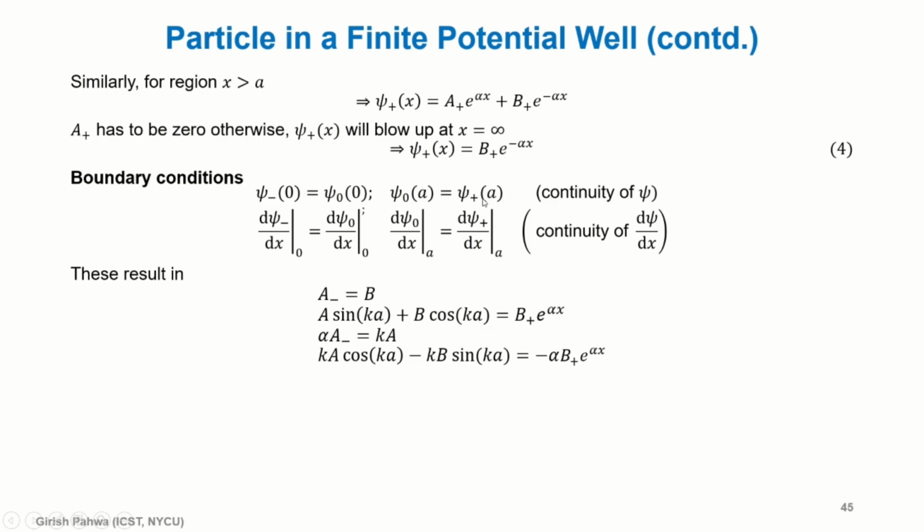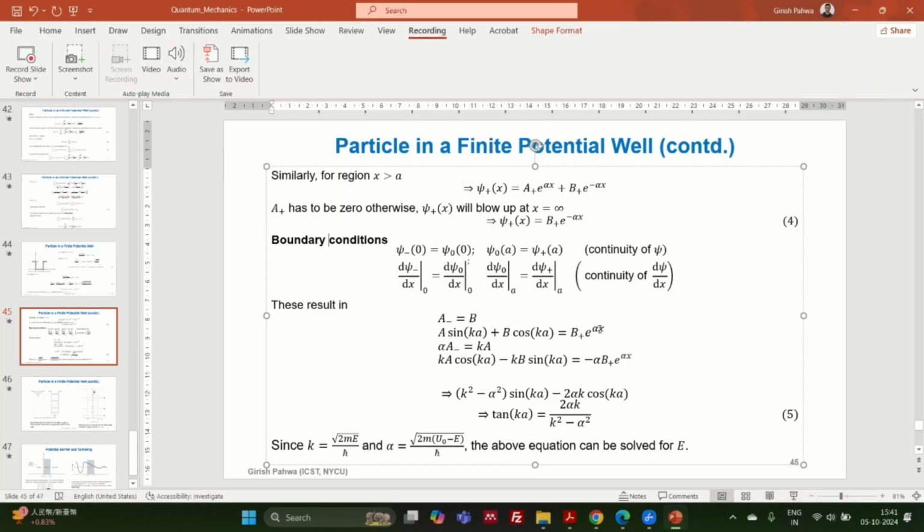And what is ψ plus? ψ plus is this, e to the power minus αx at x equal to a, so it should be minus again, there's some mistake, minus a. So you put x equal to a here, that will give you minus αa. Similarly, what do you have?